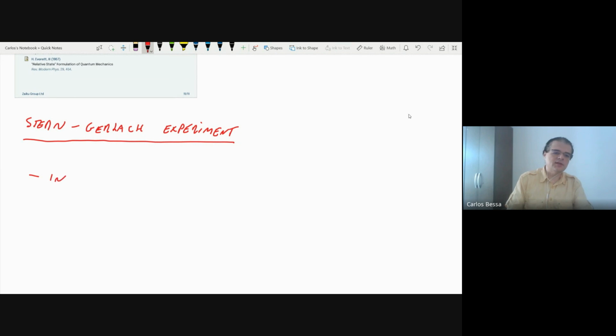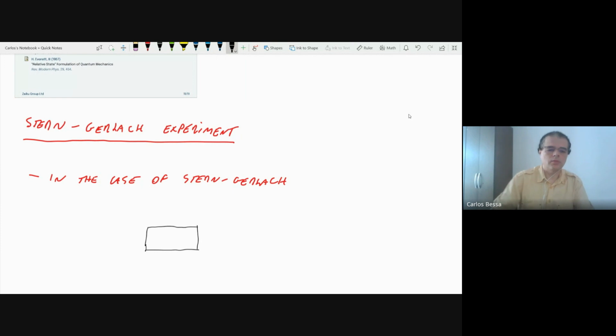In the case of Stern-Gerlach, let's say in the first case we could have the possibility that the atom goes up or down, according to what was observed.